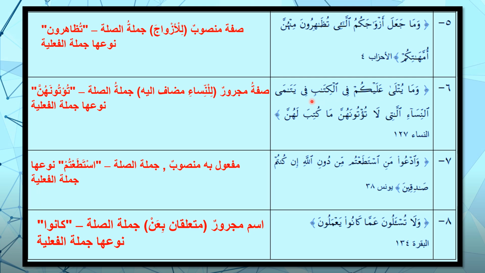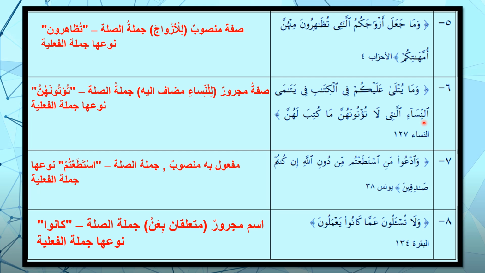Alaykum fil kitabi fi yatama nisa'i allati. So what is the position? If you can guess, there is a noun. So the position of allati is sifa. Sifa majrurun lin nisa'i mudaf, and this nisa'i is in majrur position, mudaf. Yatama nisa'i, yatama means the right hands of women.